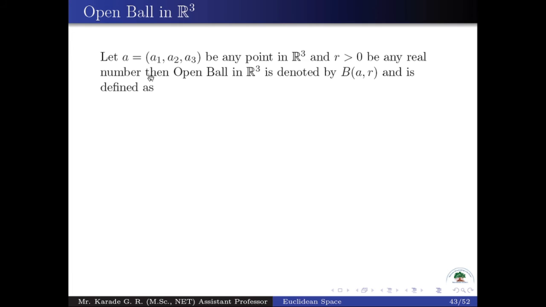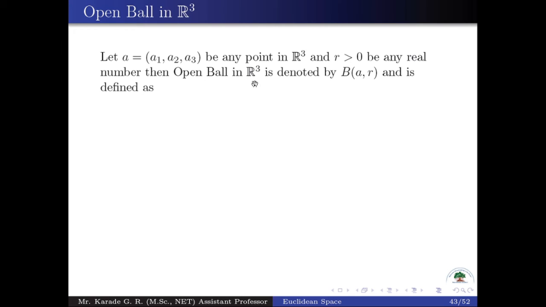Now similarly we discuss the open ball in R3. R3 means space of dimension 3. Let A equal to (a1, a2, a3) be any point in R3 and r greater than 0 be any real number.